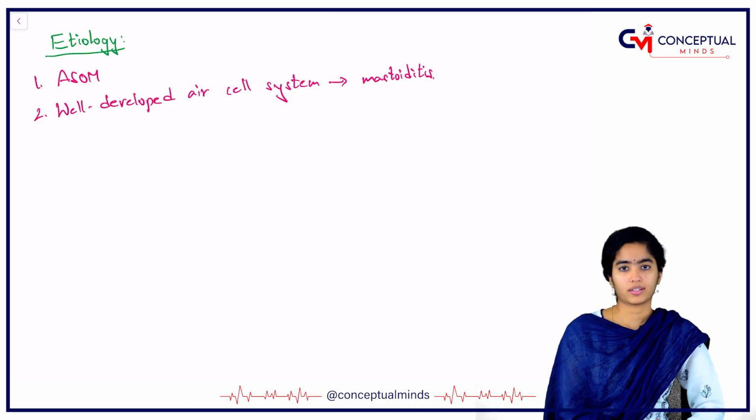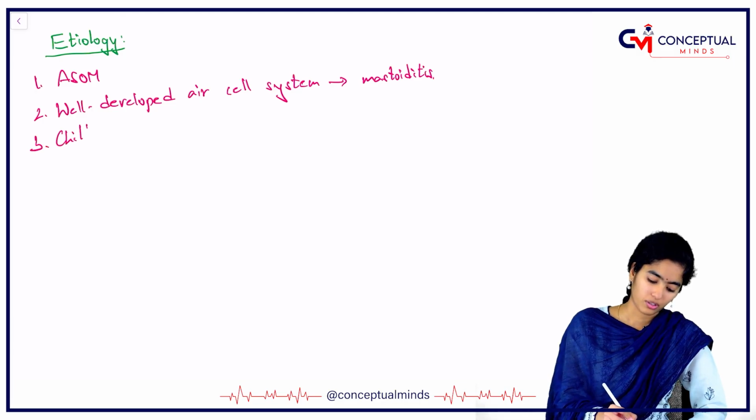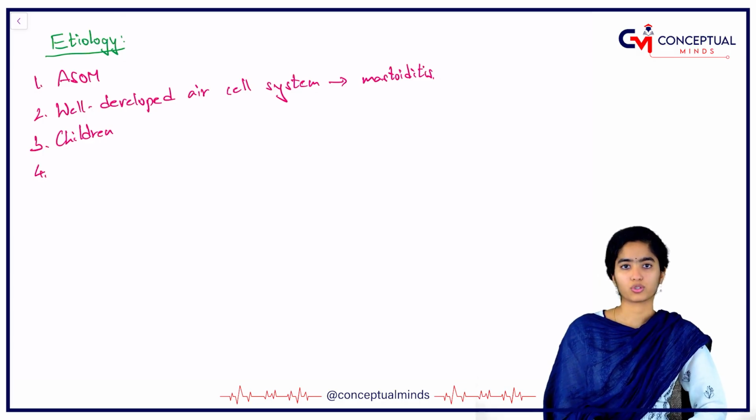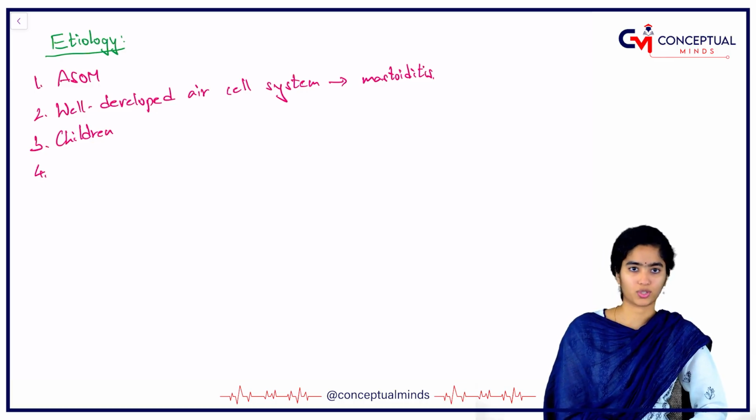And you also know that children and extremely elderly, old age people are more prone, and more so it is seen in children. Although extremes of age is a broader word, I can say children. In children, we see more number of cases of mastoiditis.